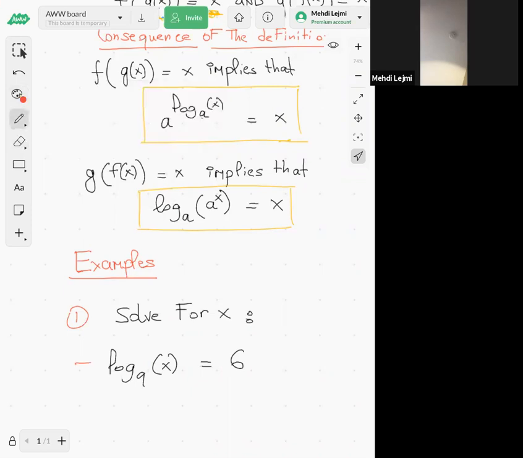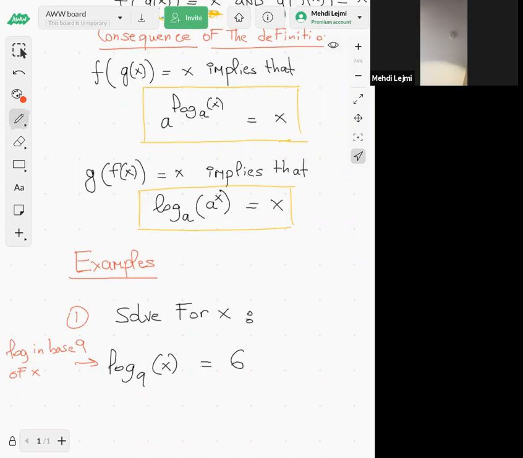It's log of some number. So this is log of x in base 9 equal to 6, and I want to solve for x. I want to find this x.